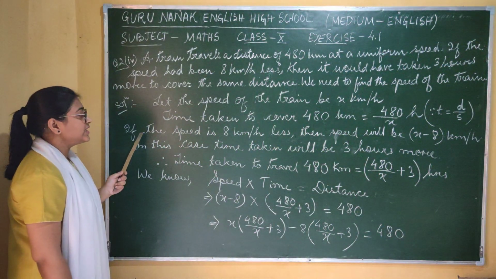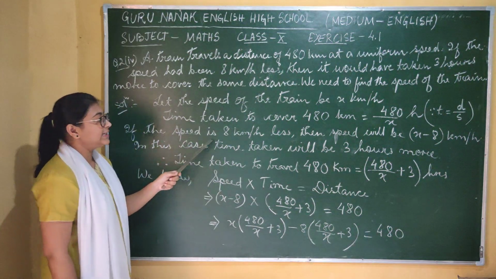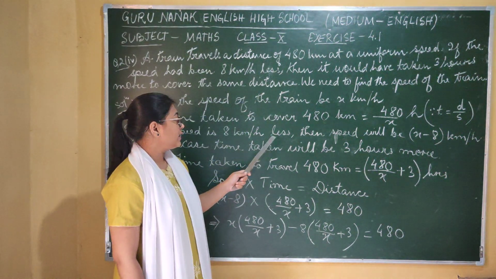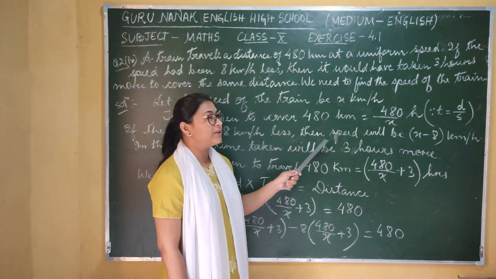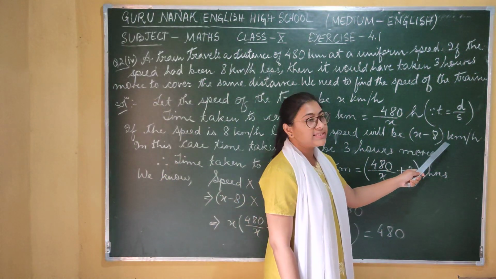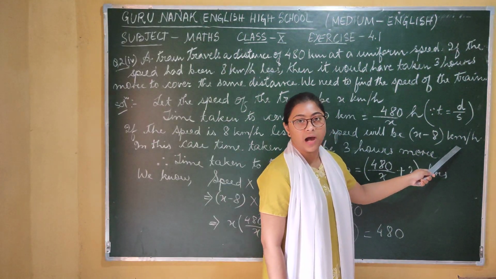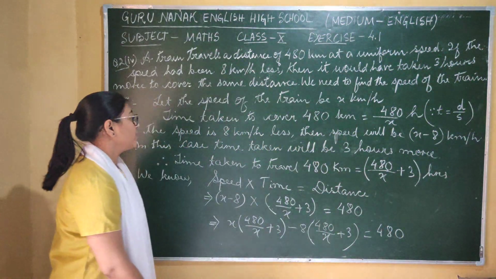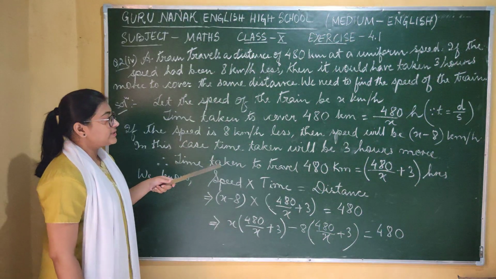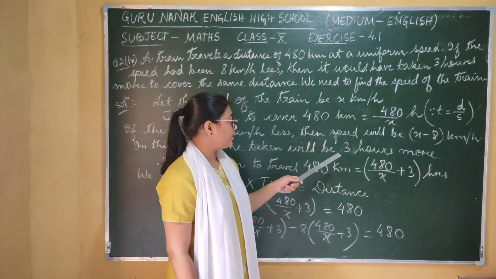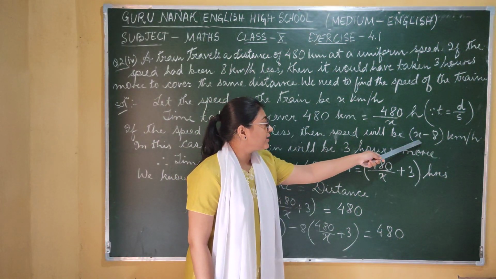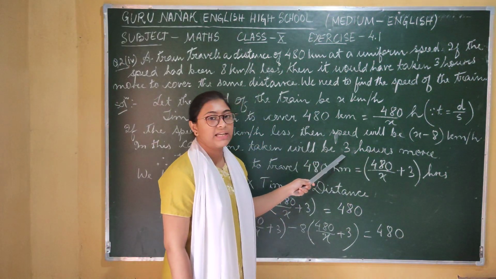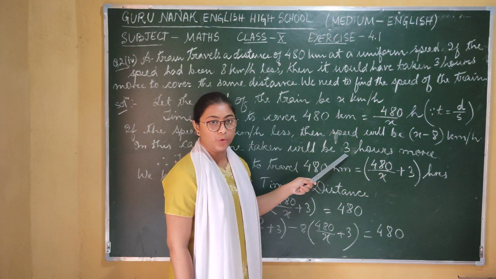Then the condition is given that if the speed is 8 km per hour less, then in that case the speed will become x minus 8 km per hour. So to cover the same distance, if the speed is 8 km per hour less, then the time taken will be 3 hours more.